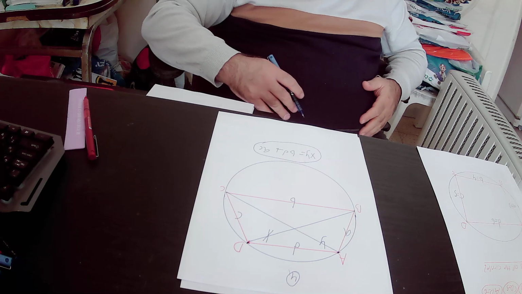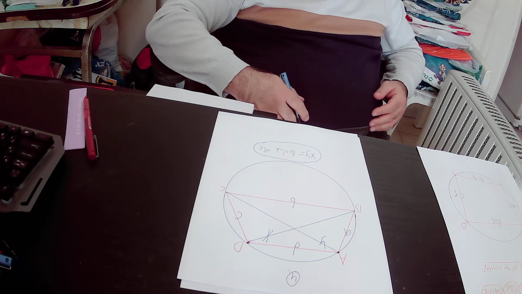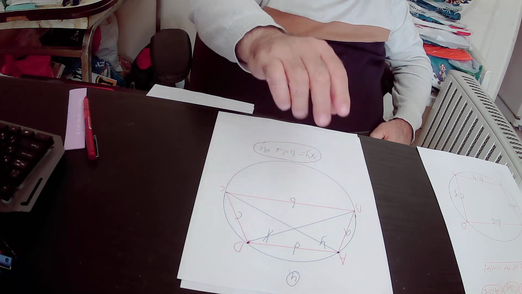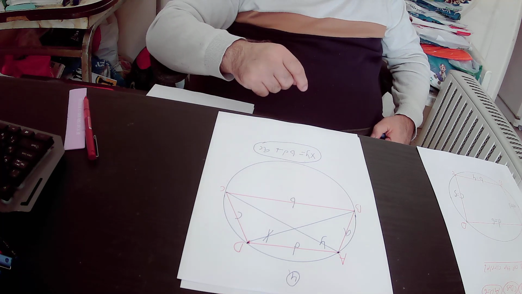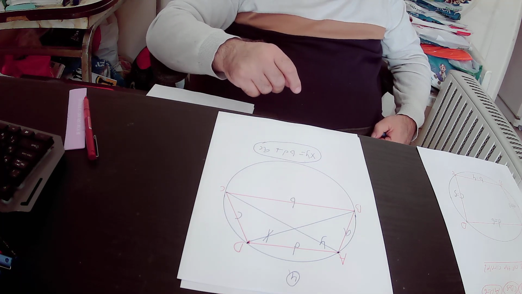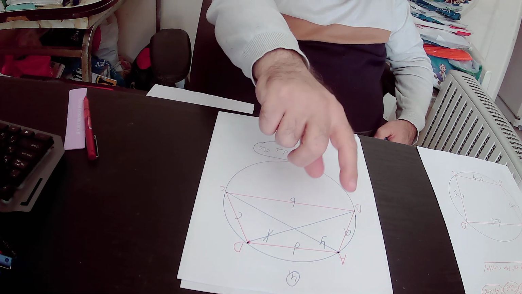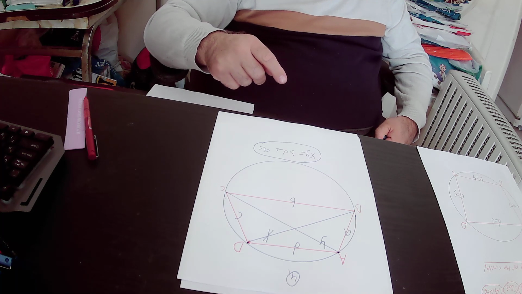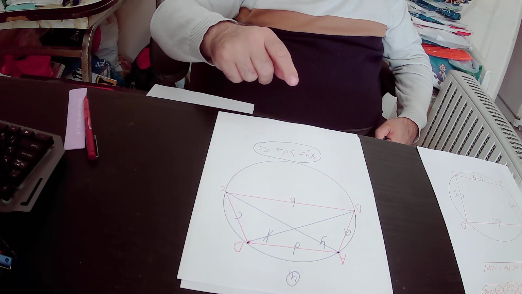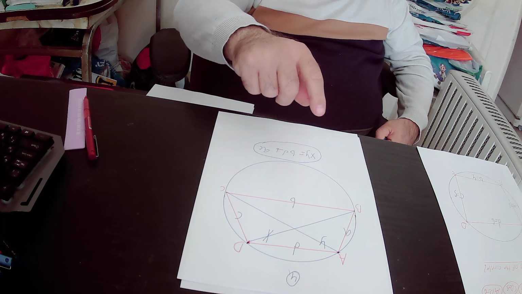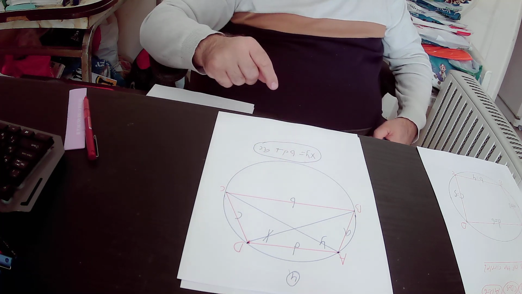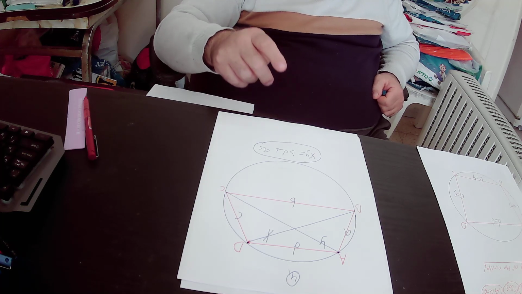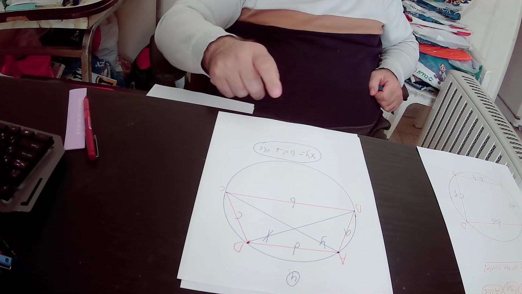Okay, I'll repeat again. If quadrilateral ABCD is inscribed in this blue circle, then the product of its diagonals, x times y, equals the sum of the products of its opposite sides, which is BD plus AC.